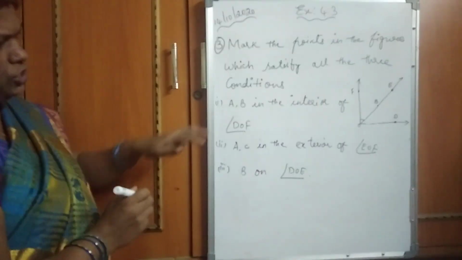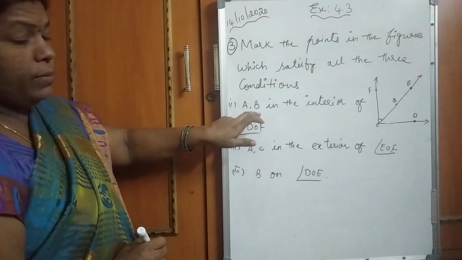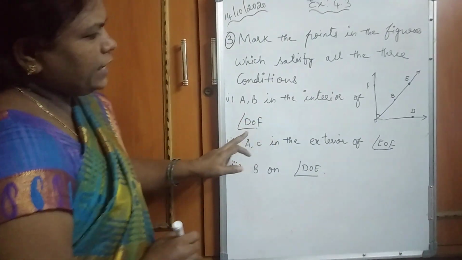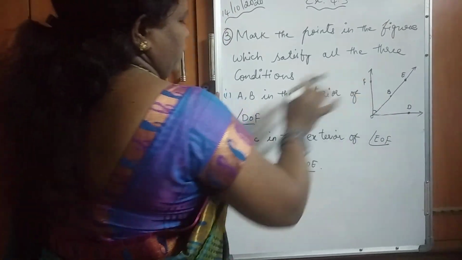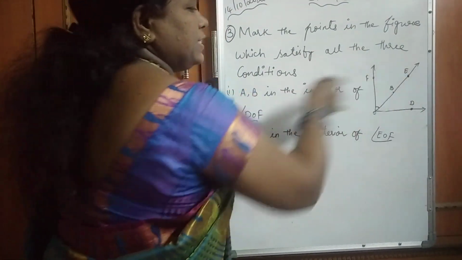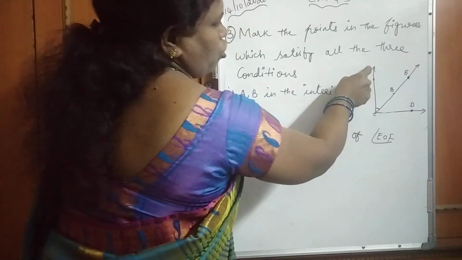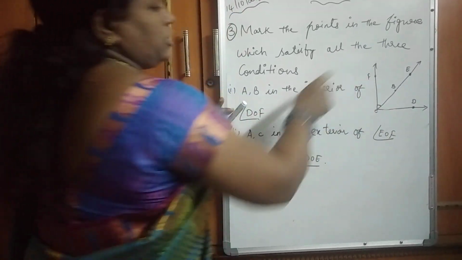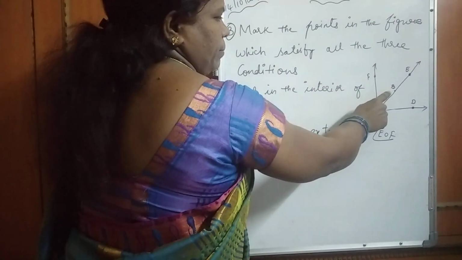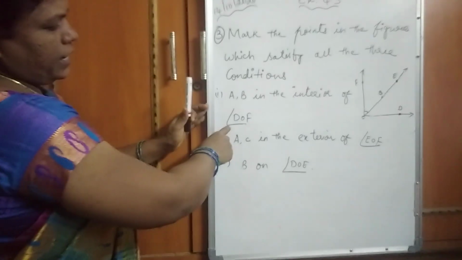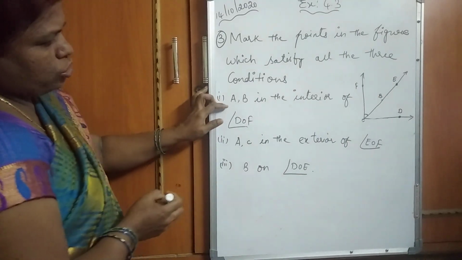Because the first condition says that B should be in the interior of angle DOF, meaning inside, not on the boundary. Point B should be inside the angle DOF. Now where should A be?